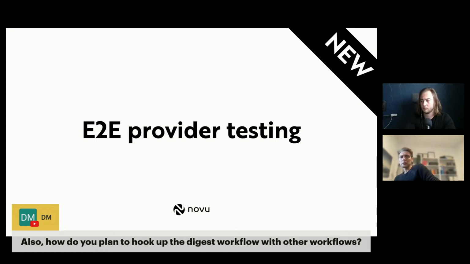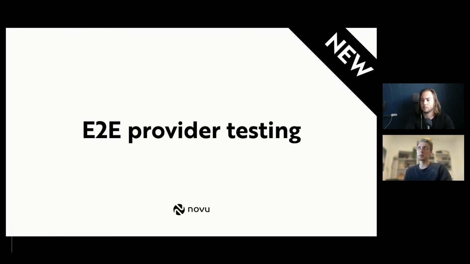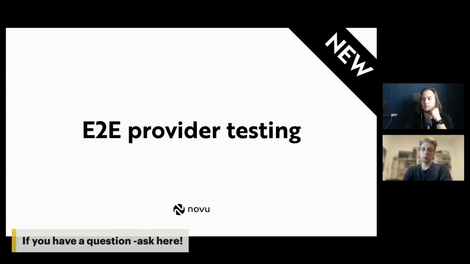Regarding the E2E provider testing, one of the things that is very hard for us is this. We have, I think, more than 20 providers on the system, and providers change their API, and update their SDKs. What we're doing today is stubbing the request to the provider in our tests, which means that once a request is sent to the provider, we basically stop.